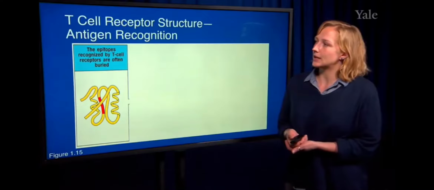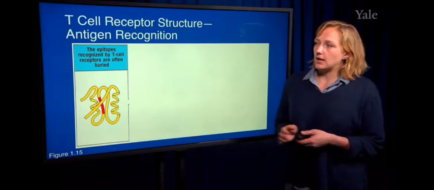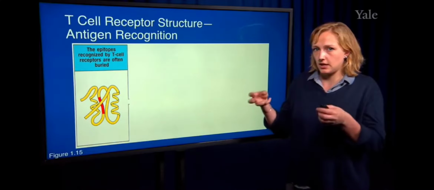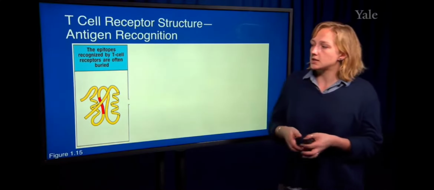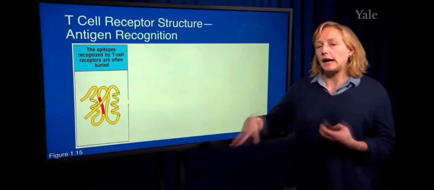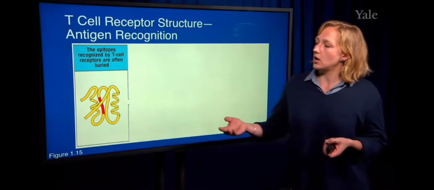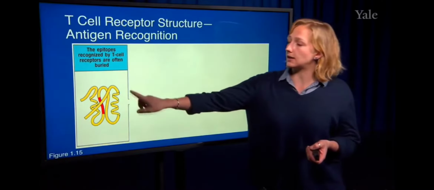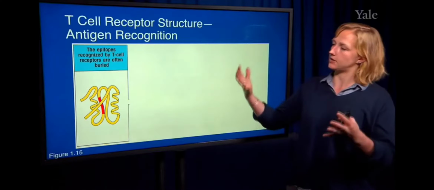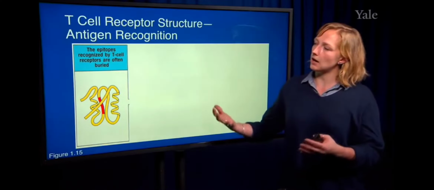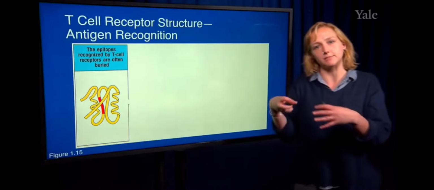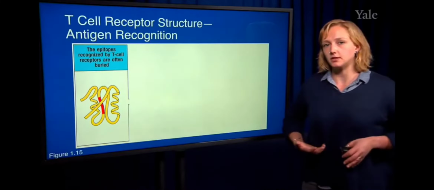So epitopes that are recognized by T-cells are often buried within the antigen that we're looking at. So if you can remember here, this is the antigen that we were looking at before. And in the schematic we saw before, we saw antibodies that were targeting this upper portion and this lower portion that were on the outsides of the antigen. However, the epitopes that T-cells recognize are often within antigens, so very deep inside. So these are often not going to be recognized by antibodies.